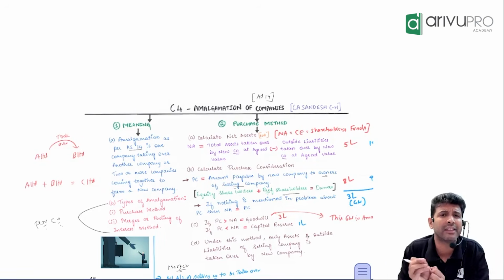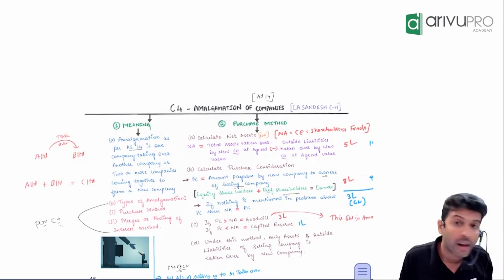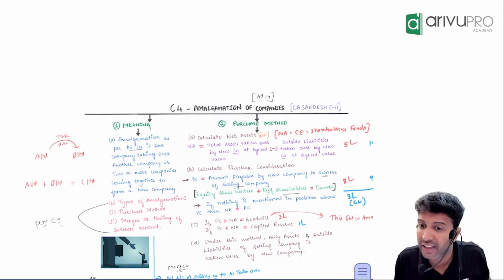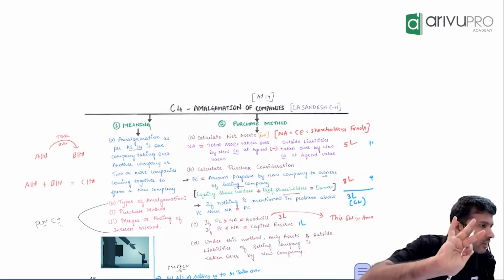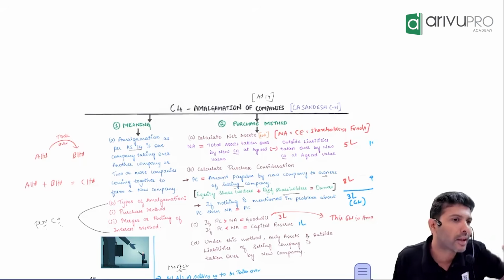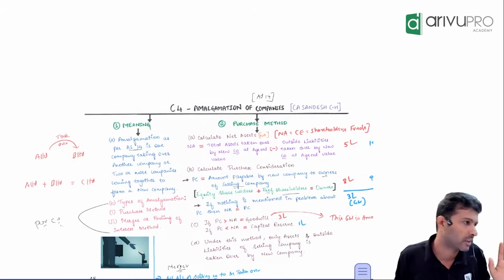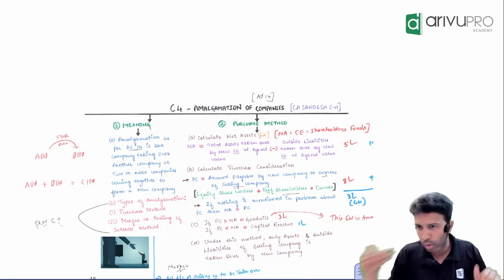In the adjustment, they will say land was taken over at 30% higher value. That means higher value means is the asset taken over at book value or something else. If it is not book value, then it can't be merger method. Even if one asset is not taken over at book value, automatically it becomes purchase method. That's how to identify.